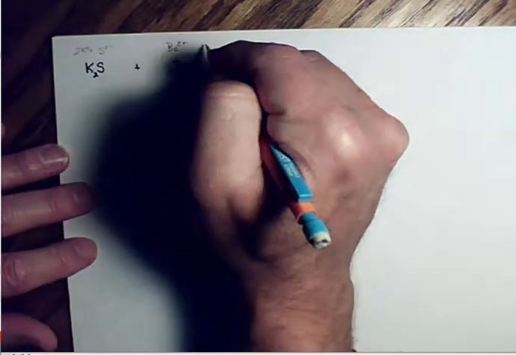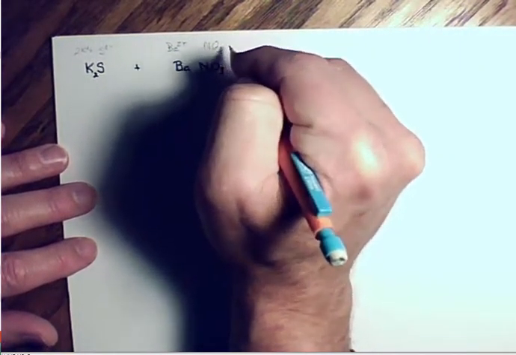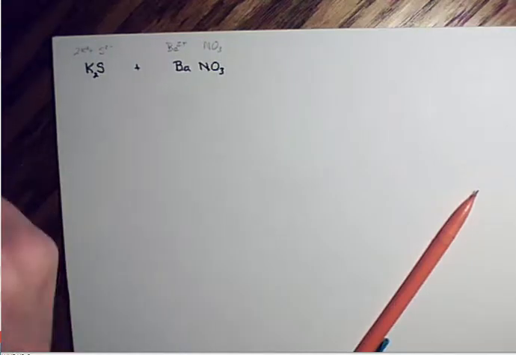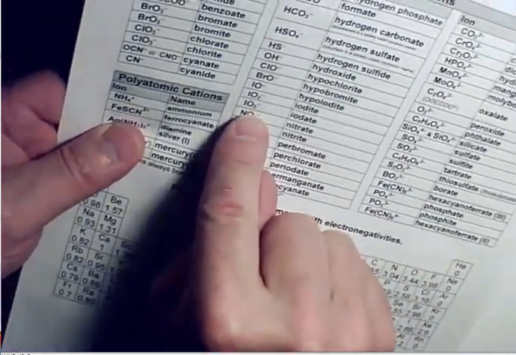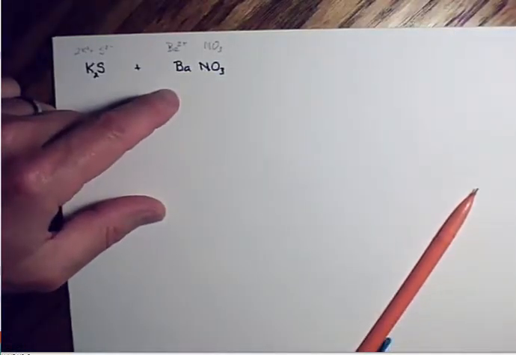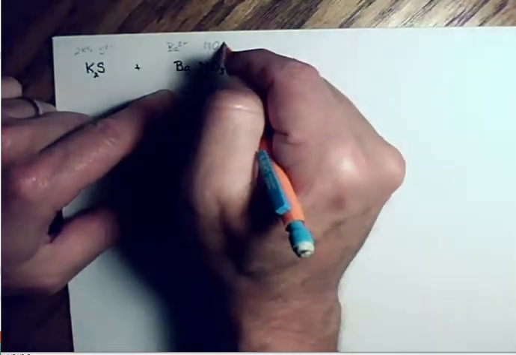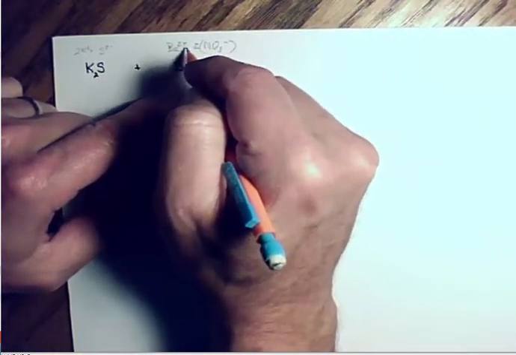Nitrate has a 1- charge, and that's on your common ions list. So we're going to need 2 nitrates to balance out the charge on the barium.